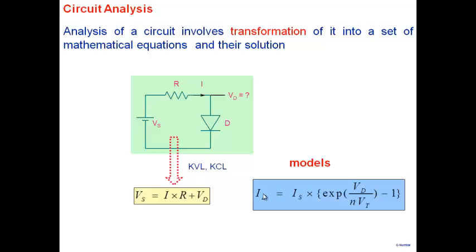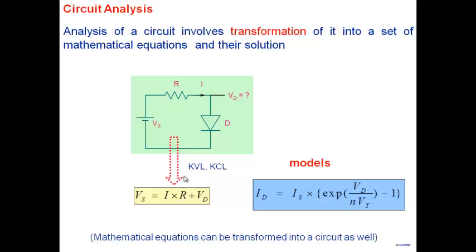Once I have this ID as a relationship of VD, now you know that Vs is known, and I can take this VD and express it in terms of ID. We also know from KCL that whatever current is flowing here is the same as the current flowing here. So you do that, and then eventually you get a simple mathematical equation.